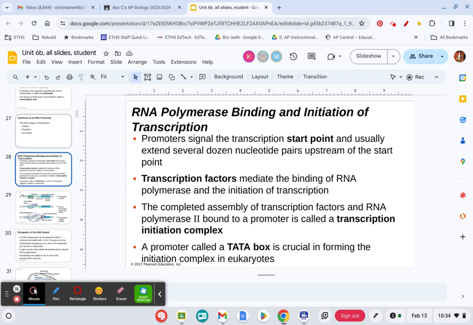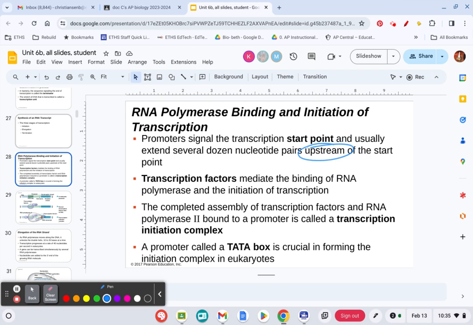And it is what we call upstream of the actual place where you need to start making a copy of the DNA with mRNA. So upstream just means it's before it. Okay, and then you can also talk about downstream, which is beyond it.